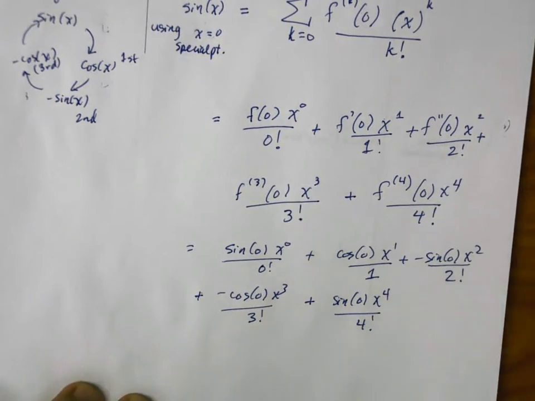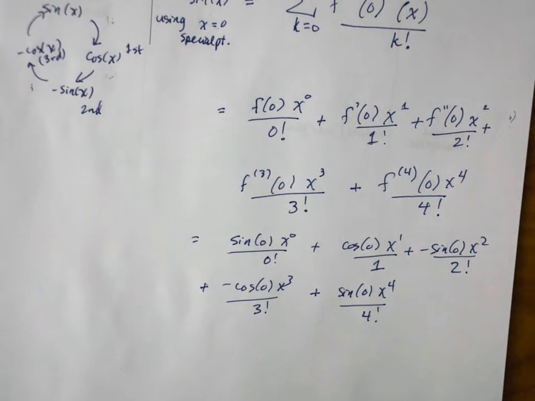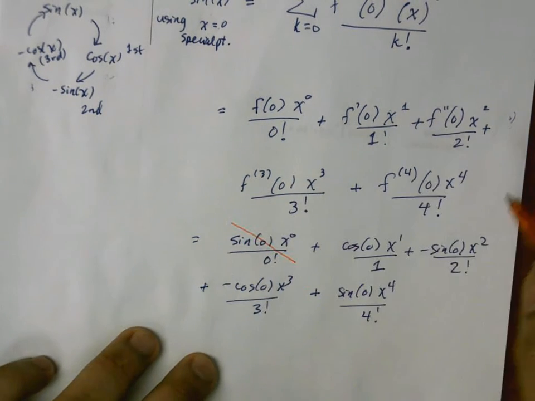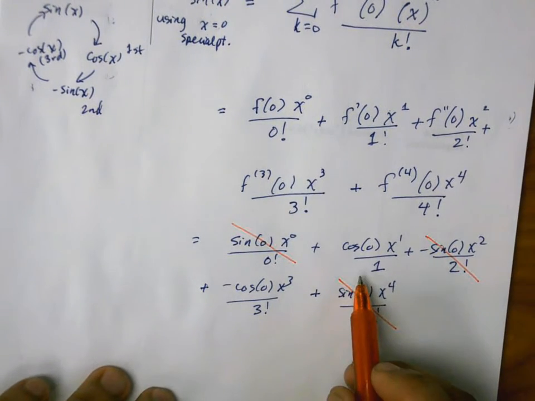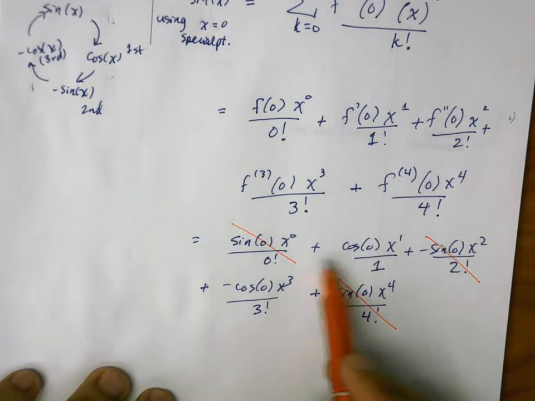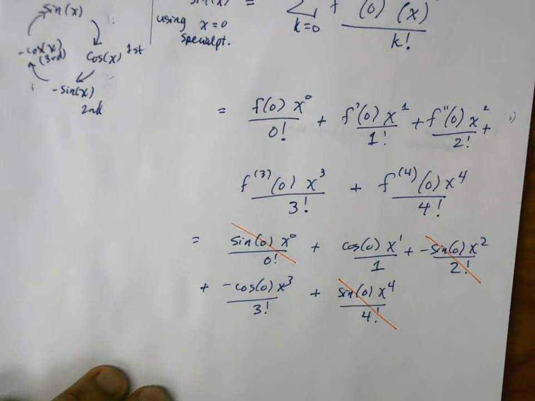Okay. And sine of 0 is just 0. So these are all gone. Okay. And then cosine of 0 is just 1.